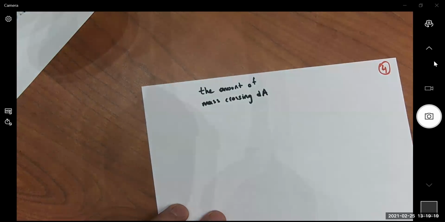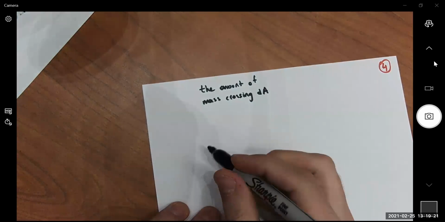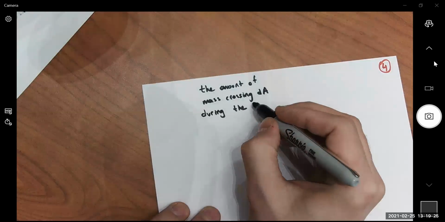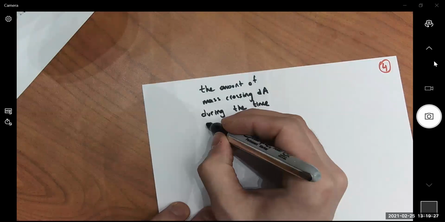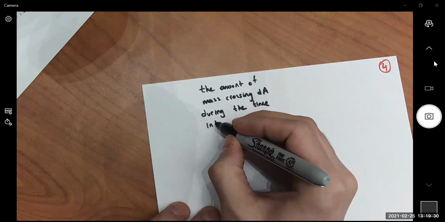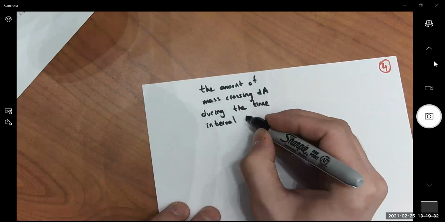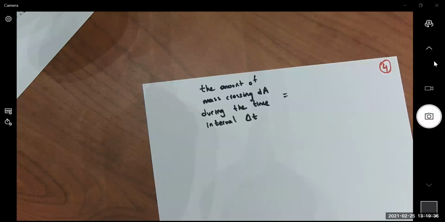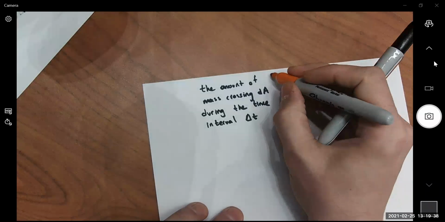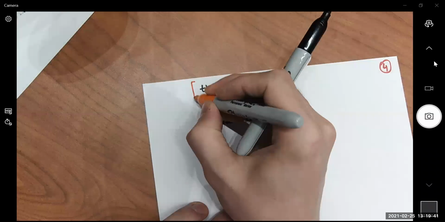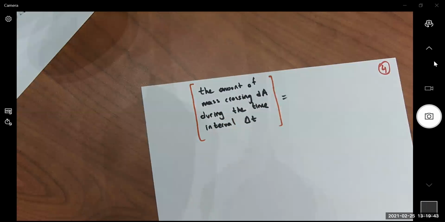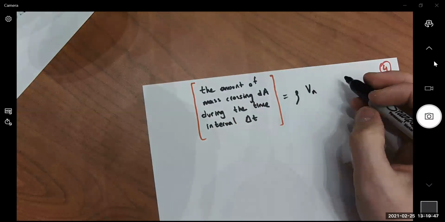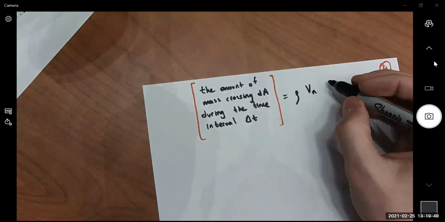Incremental and small area that we are crossing during the time interval delta t, right? It's rho Vn dA.